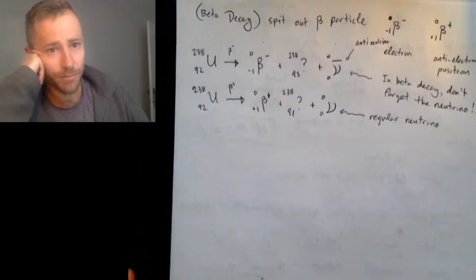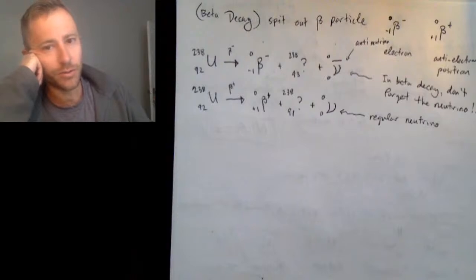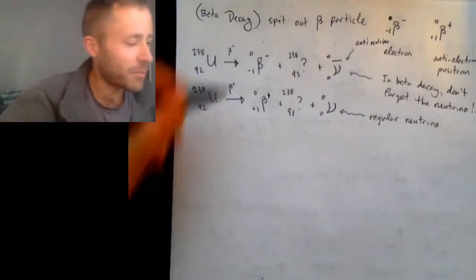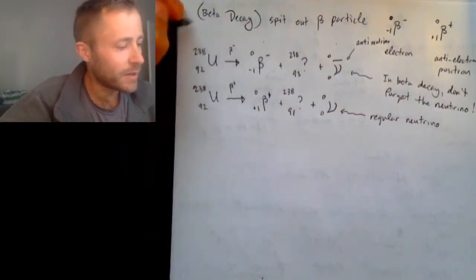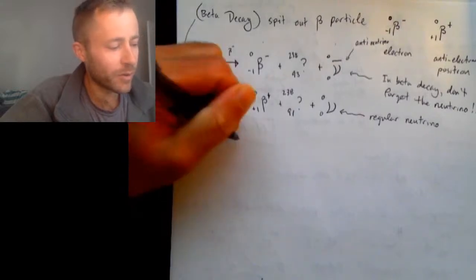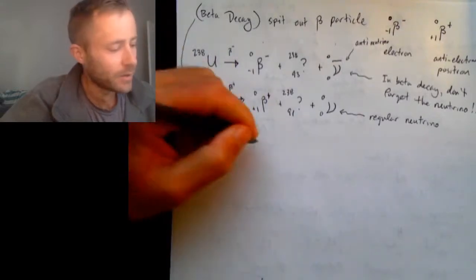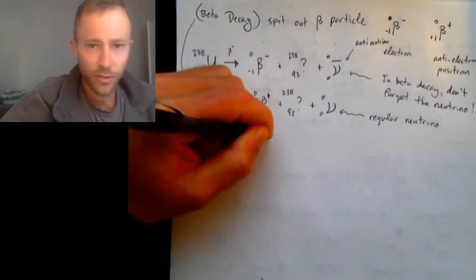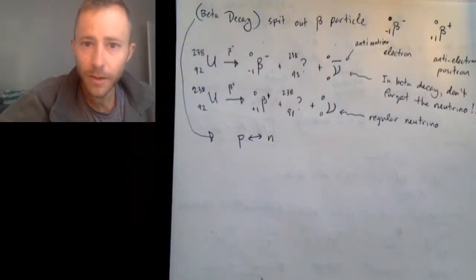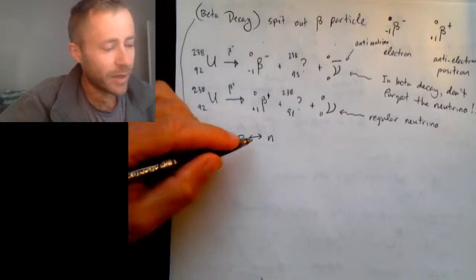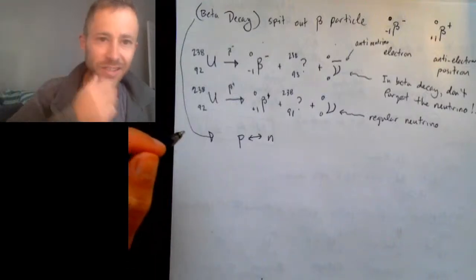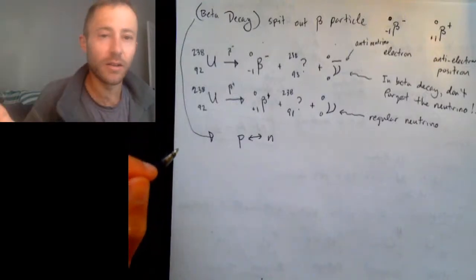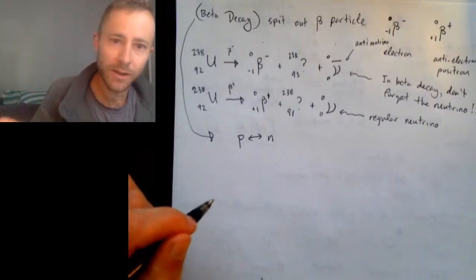So what is a neutrino? A neutrino is a particle that is produced when you have beta decay, a transformation from a proton to a neutron or vice versa. And in the process of that, the electron gets spit out. This process is governed by a fundamental force of nature called the weak force.